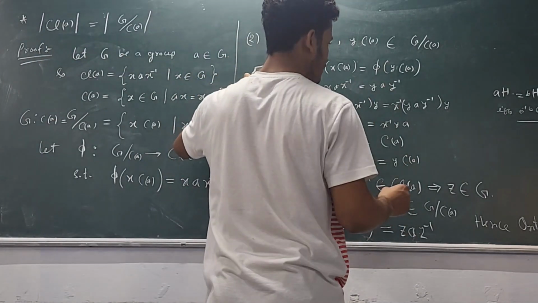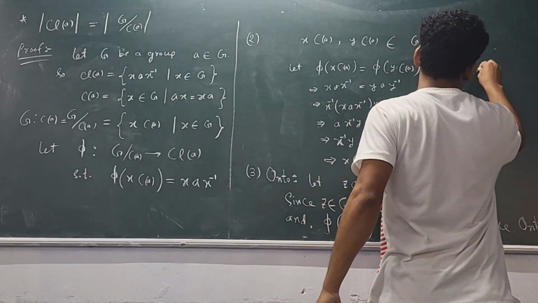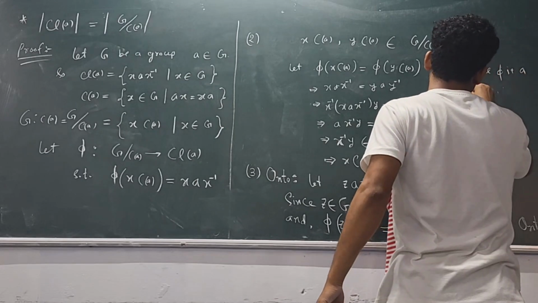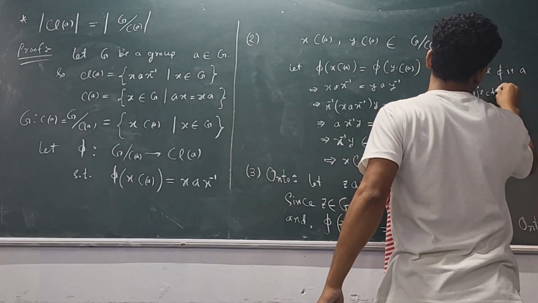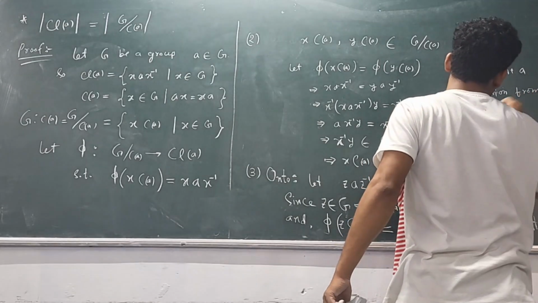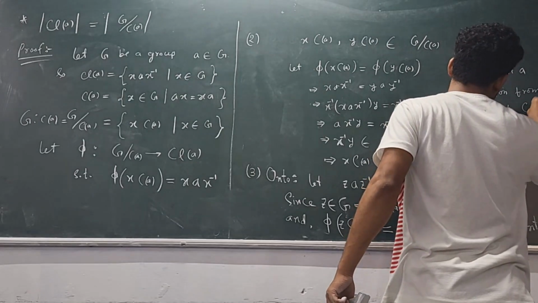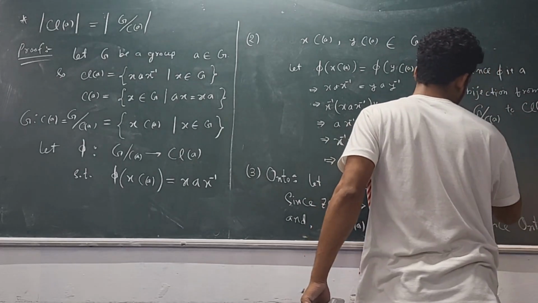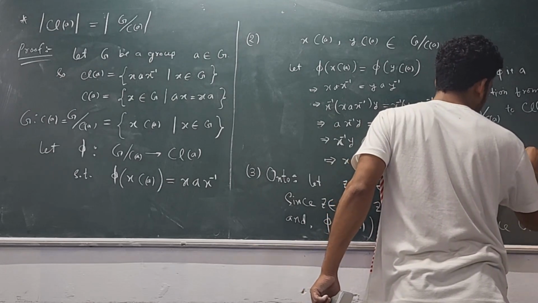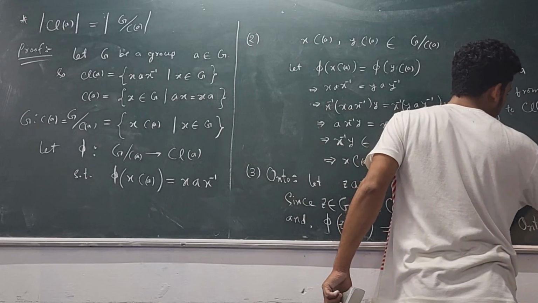I will write here. Hence phi is a bijection from G by C(a) to C(a). Hence the order of C(a) is equal to the order of G by C(a).